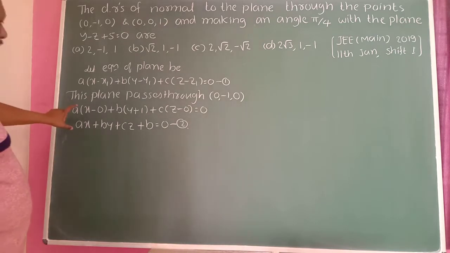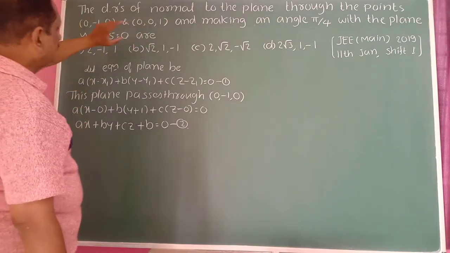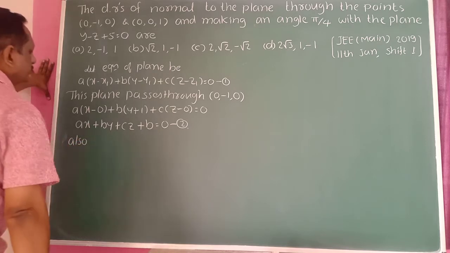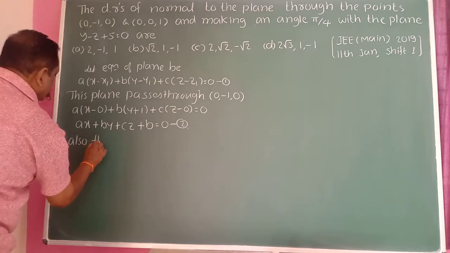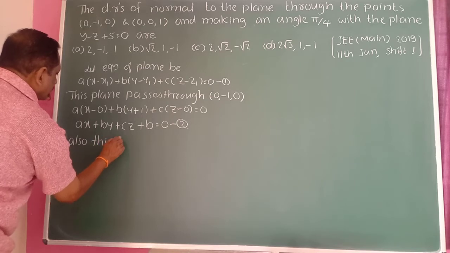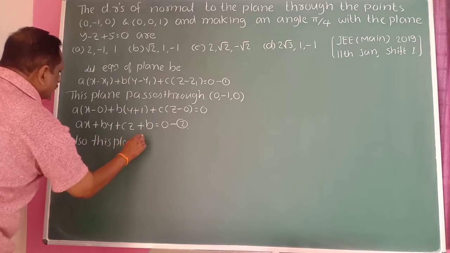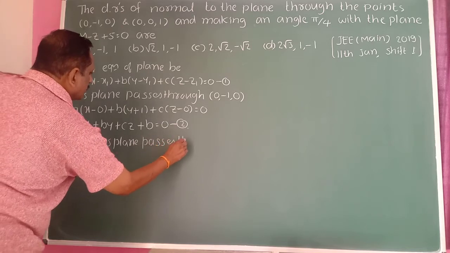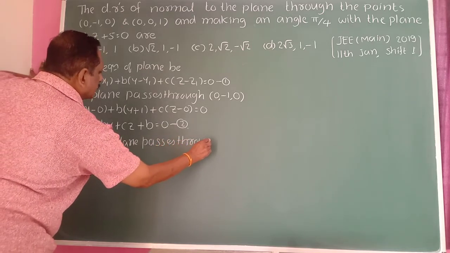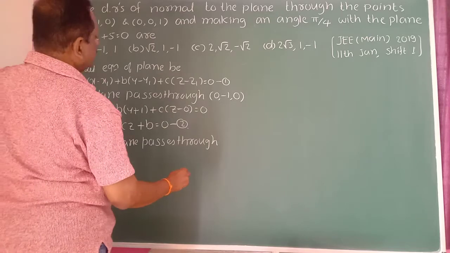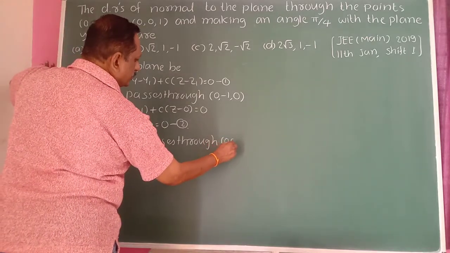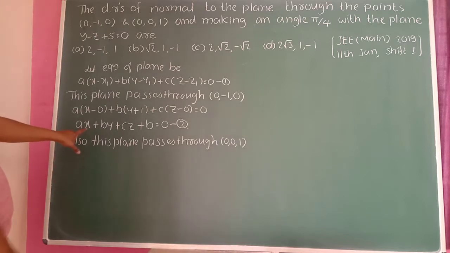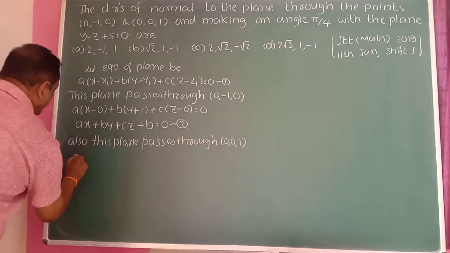And the same plane passes through one more point, (0, 0, 1). Then substitute here. The x value is 0 and the y value is 0.